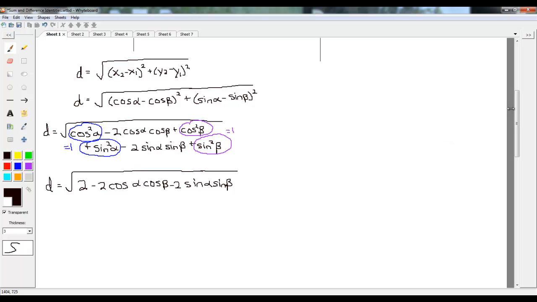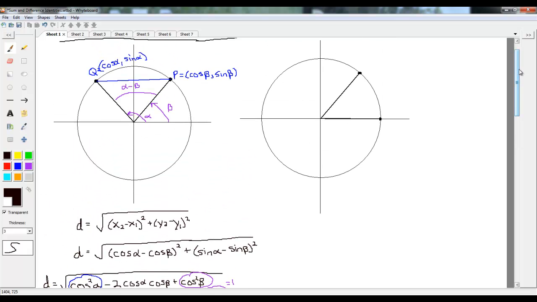But you're wondering, okay, what the heck does this have to do with anything? Well, let's go back up here. Let's take this angle, alpha minus beta, and let's rotate it and put it like this. So this angle is still alpha minus beta, but we've rotated it in such a way that point P now is at 1, 0.